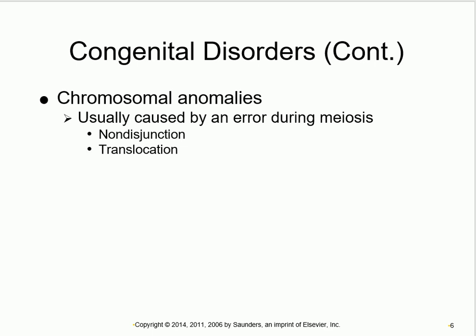Non-disjunction is, while you're separating them, this chromosome is okay and this one is separating in the process of reproduction, but this one did not separate. So the next step is, you will have this and a third one, and this will be only one. Did you get the idea? It didn't do disjunction.